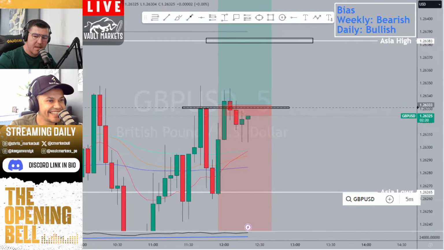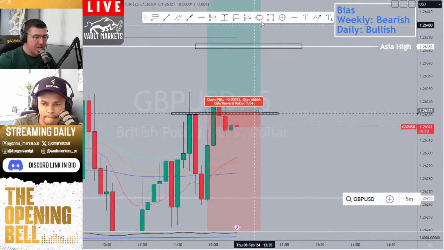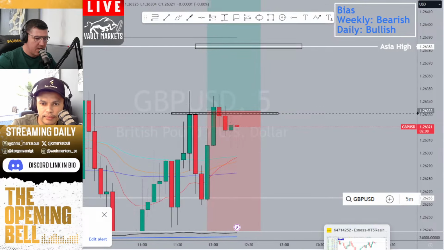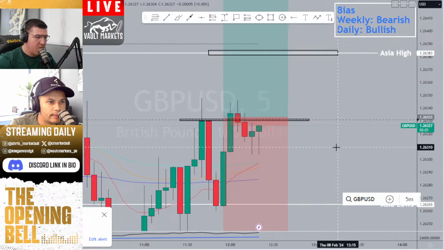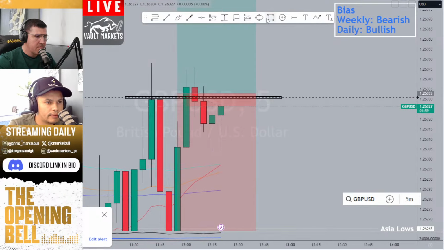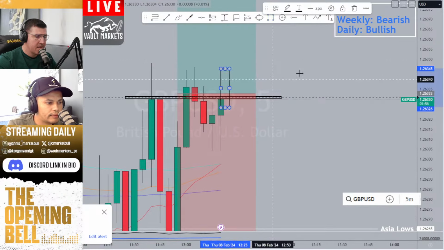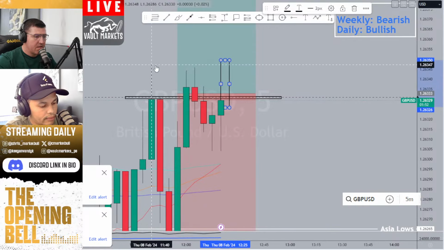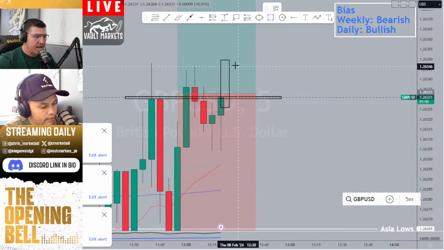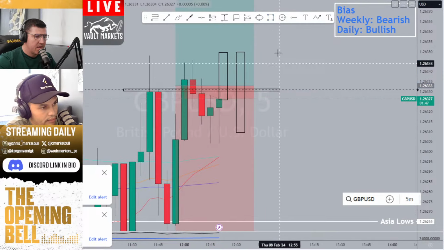Okay, remember what I said about managing risk. The only way we can really manage risk is if we do something like this. Close above this level, take out these little highs here, and then come straight back down like this.